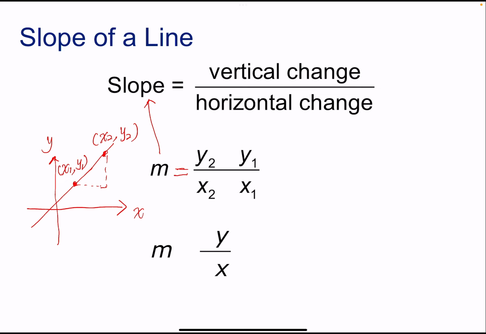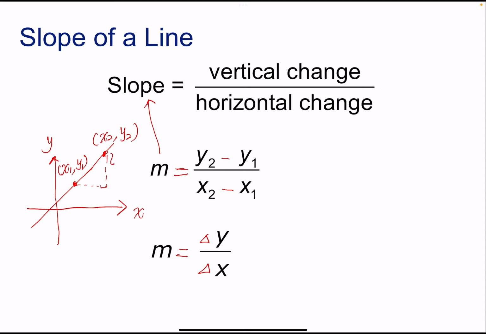So m equals the change in y, y2 minus y1, over the change in x, x2 minus x1. Sometimes we use delta y to denote y2 minus y1, and delta x to denote x2 minus x1.